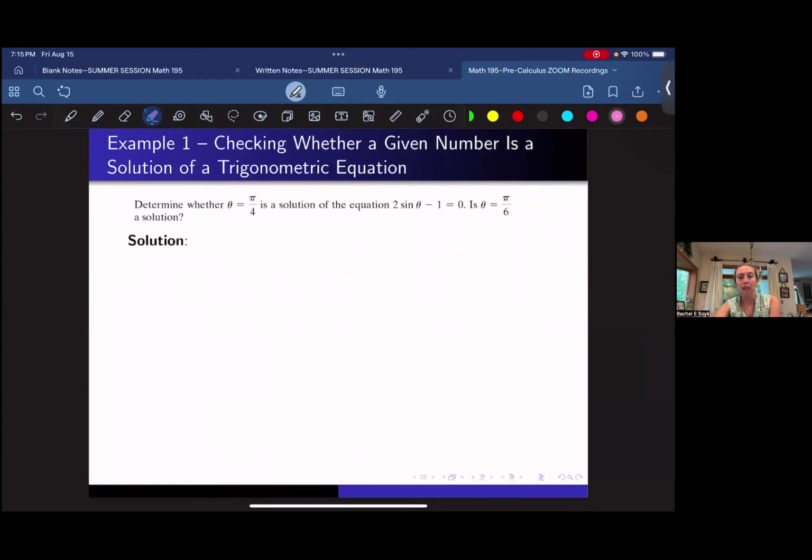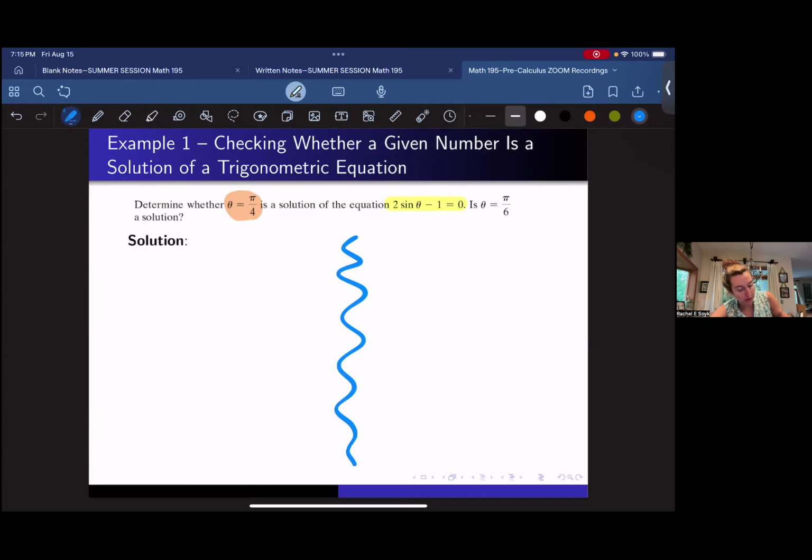So let's start off with our first example, where we're just figuring out whether a particular value is a solution of the equation they give us. The equation here is 2 sine theta minus 1 equals 0. And we want to determine first, is pi over 4 a solution?